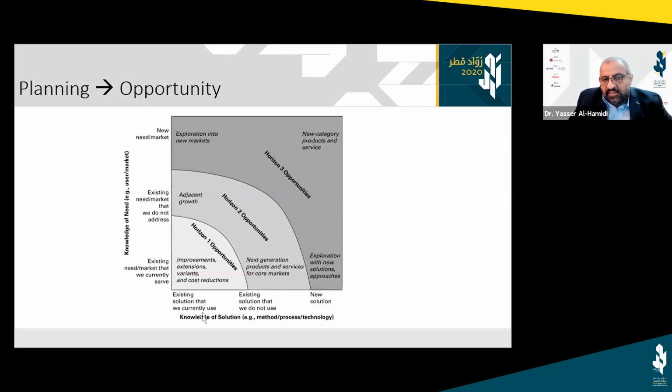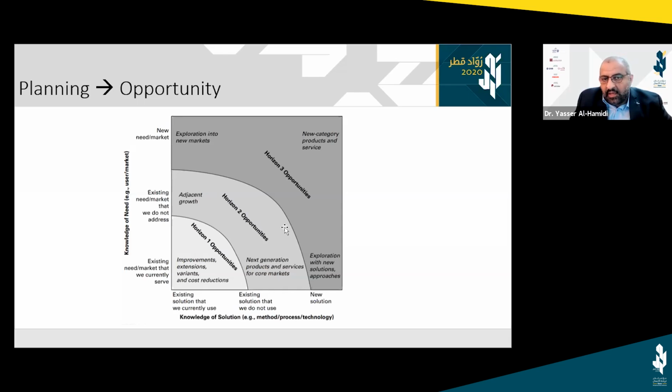These 2 dimensions are the extent to which you as a development team are aware about the solution or the market need first, and then, the second dimension, the extent to which you as a development team are familiar with the solution being implemented to address this market need.